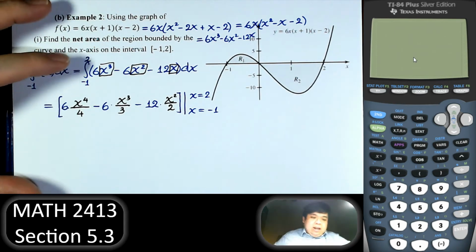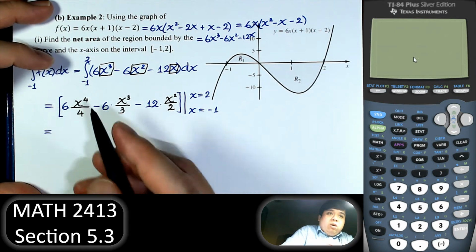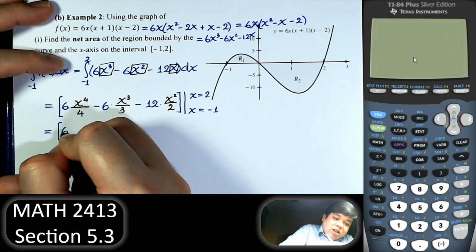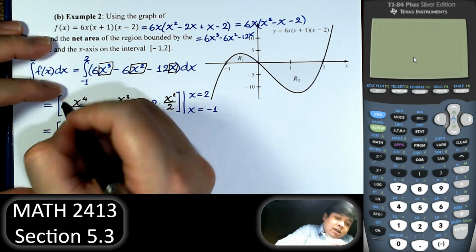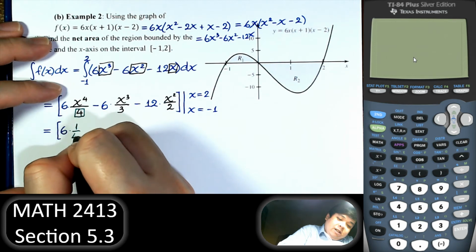Right. And then simplify. Of course, you can just take 6 divided by 4, but if you're not sure about what to do, there's always a trick. We say that if we have a number at the bottom, we're going to flip that.